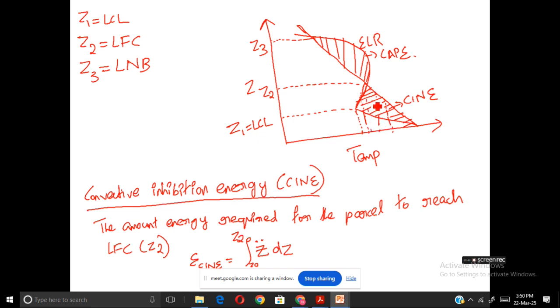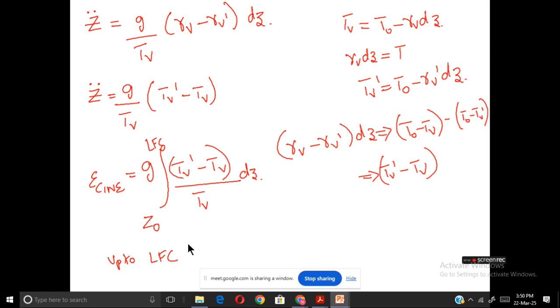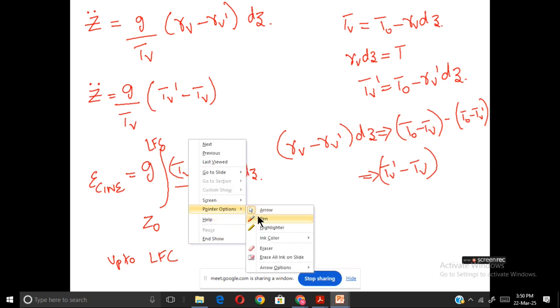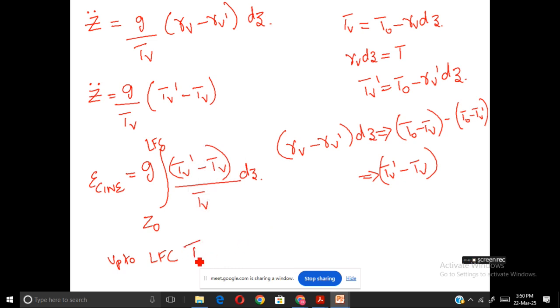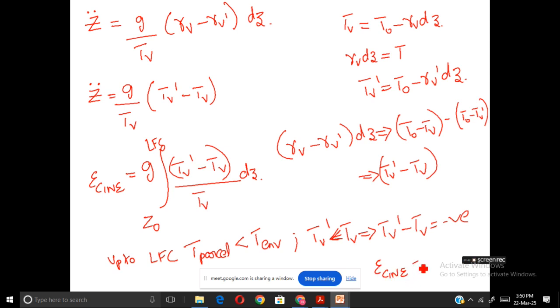Till LFC, the temperature of the parcel is less than the temperature of the environment. Since the temperature of the parcel is less than the temperature of the environment, Tv dash is less than Tv, which basically means Tv dash minus Tv is negative, or E_CIN is negative.